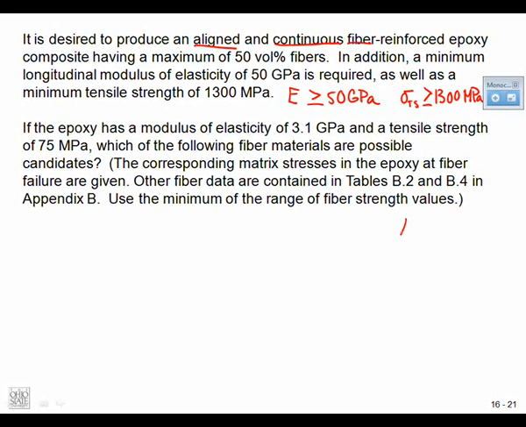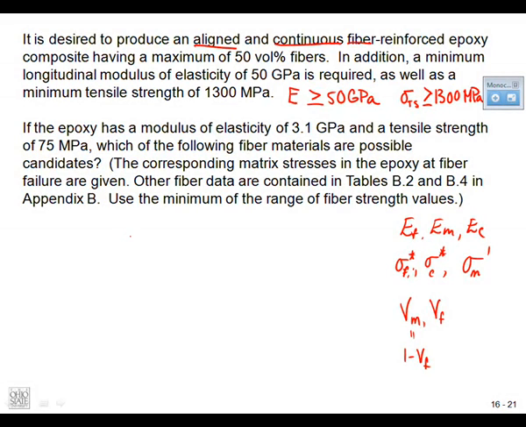They all have E of the fiber, E of the matrix, E of the composite, failure stress of the fiber, failure stress of the composite, stress in the matrix when the fiber fails. They all have volume fraction of the matrix or volume fraction of the fiber, which are related by VM equals 1 minus VF. They all have the same exact variables in them. So which one do you use?